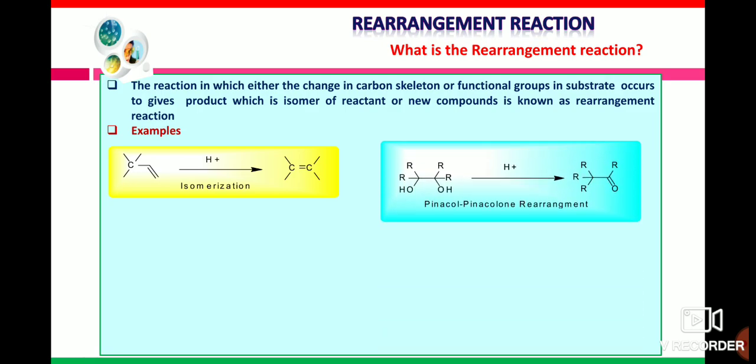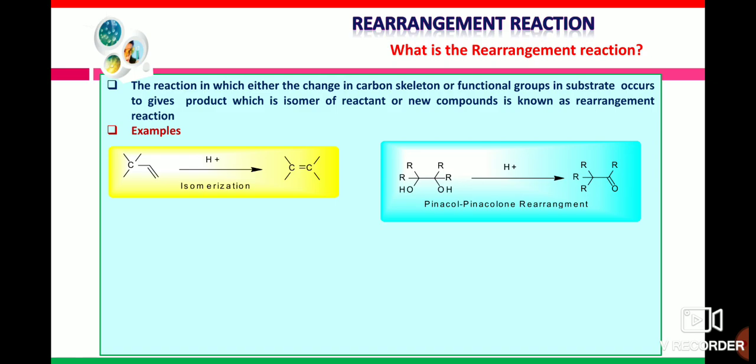Consider the example: isomerization of terminal alkene to non-terminal alkene in presence of acid catalyst. It is a rearrangement reaction. The conversion of 1,2-diol into ketone in presence of acid catalyst is another example of rearrangement reaction.